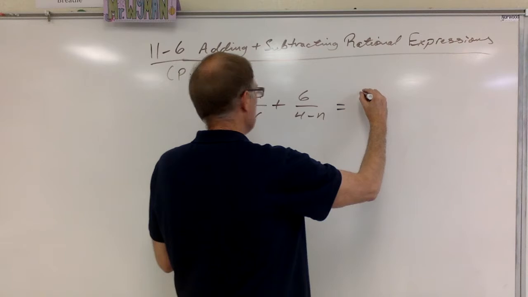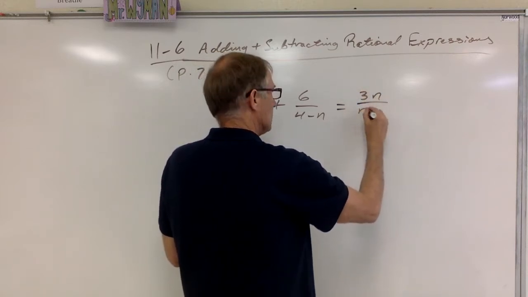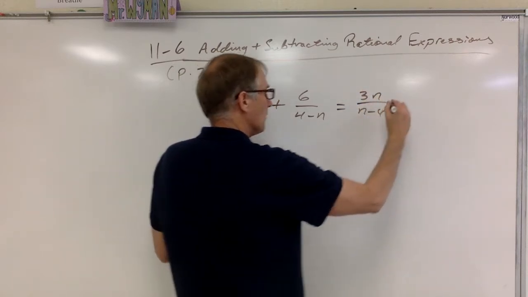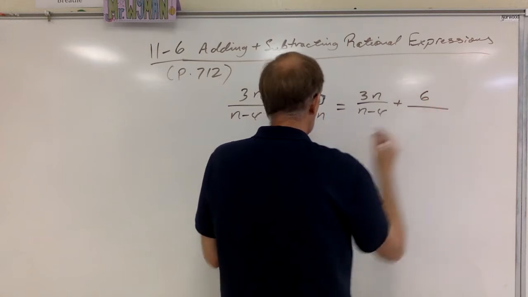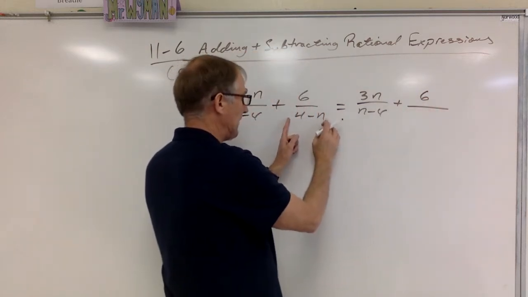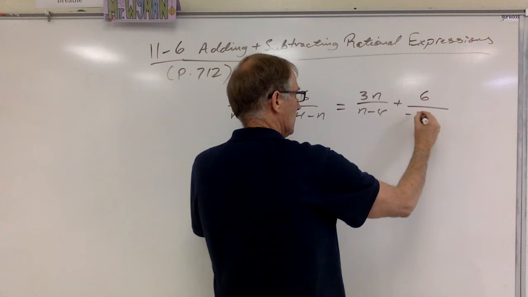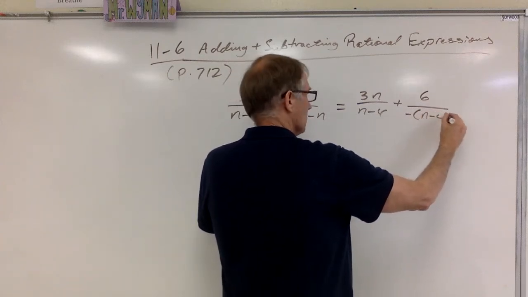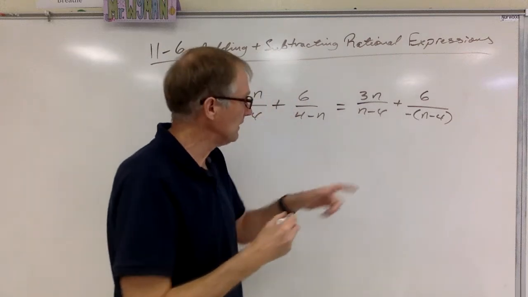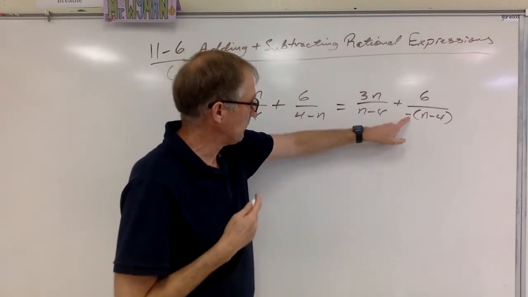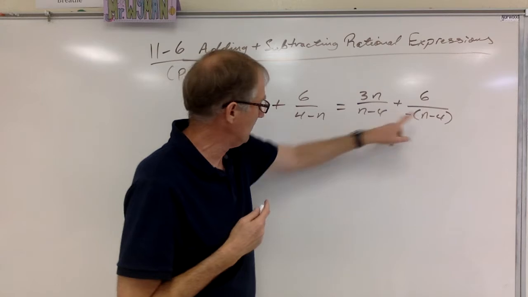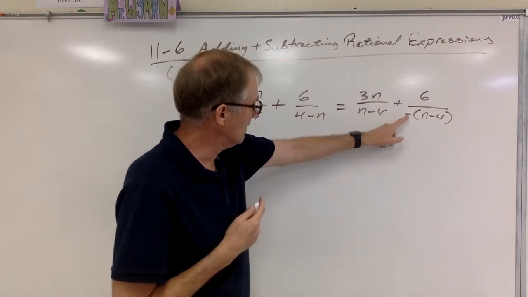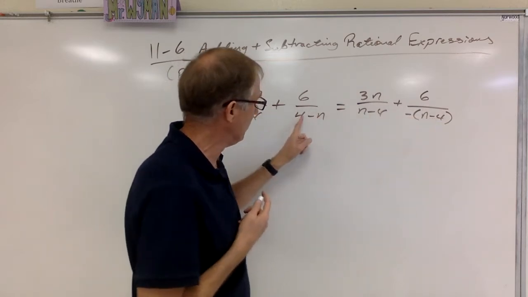So the first part is going to be 3n over n minus 4, plus 6 over, I'm going to use parentheses here, and I'm going to factor out a negative sign to the side, and that becomes n minus 4. Just in case you don't believe me, if I brought that negative sign back in, I'd get negative n, and negative times negative 4 is positive 4.